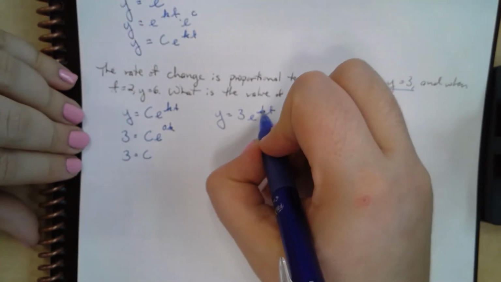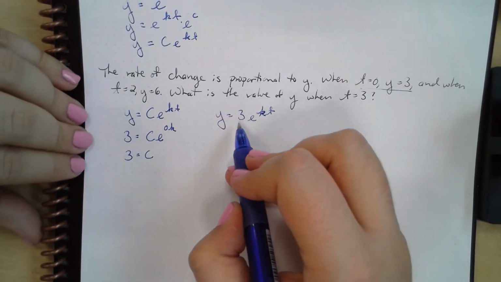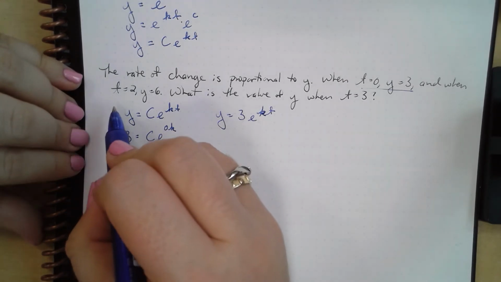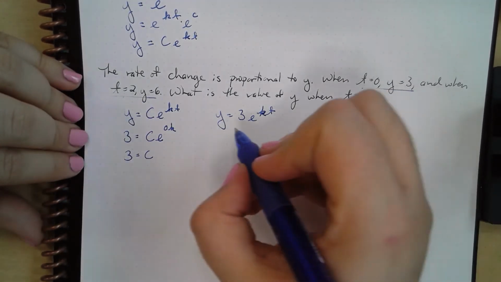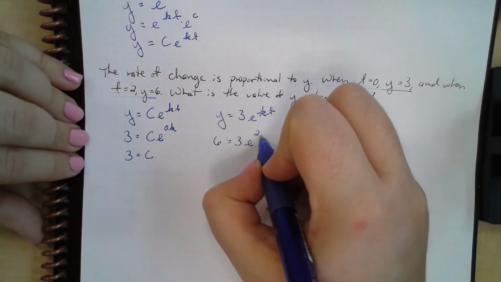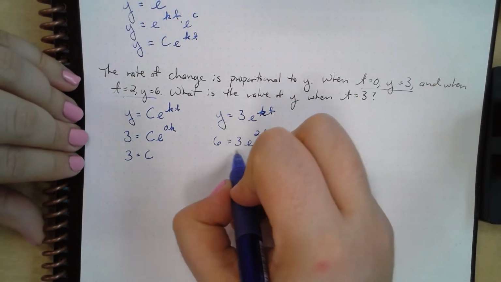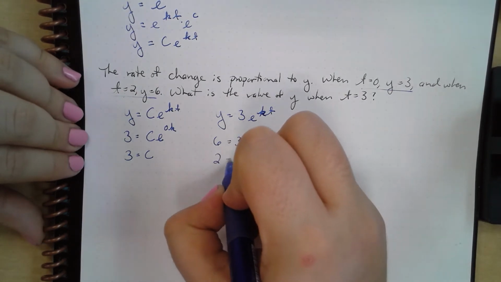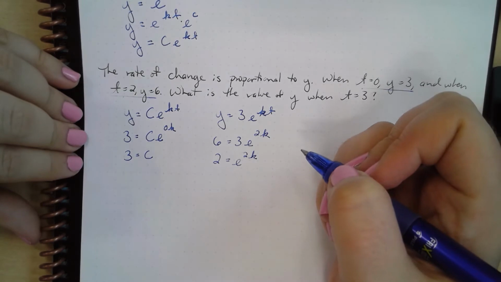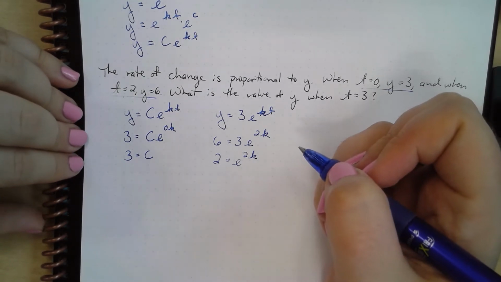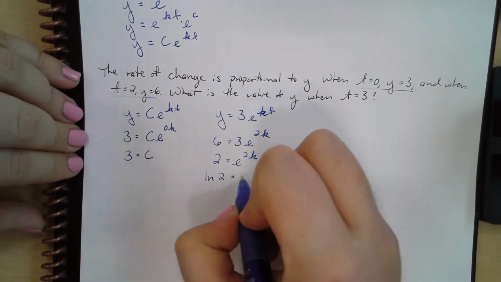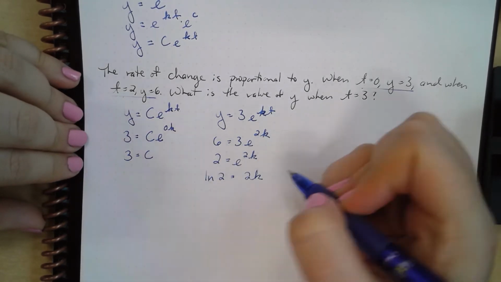So we've got our constant c, but we still need to find our k, and we can do that using this information here. So 6 is equal to 3e to the 2k. 6 divided by 3, we're going to have 2 equals e to the 2k. And if I ln both sides, I'm going to get the natural log of 2 is equal to 2k.